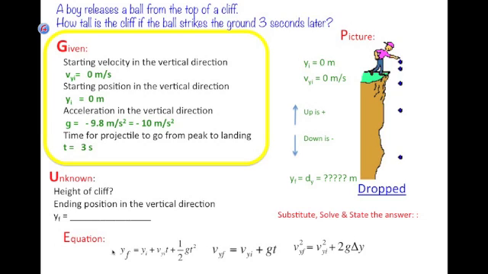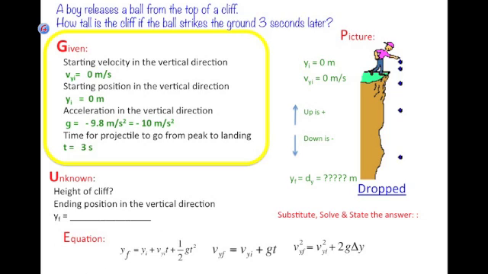So this equation is the only one that includes the variable we're after. We could also go through and determine whether or not we could use the other equations. Occasionally you can use more than one equation. Typically, though, on these problems, this longer one will be the equation that you start with for vertical information.